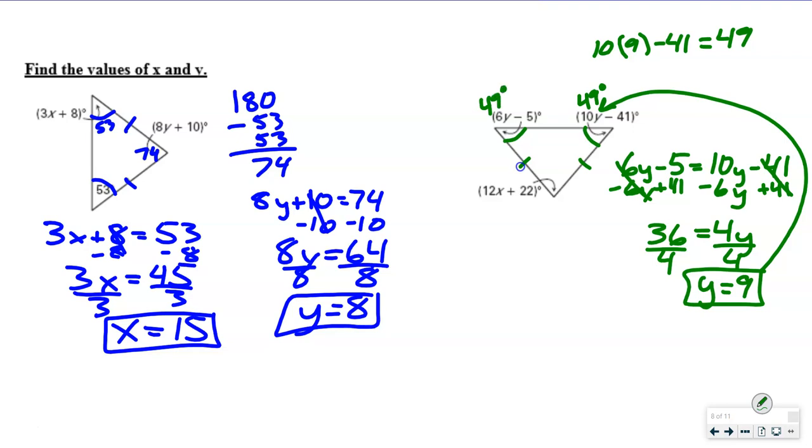Now that I know two of my angles, I can find my third because I know all three angles in a triangle add up to 180. So I can just subtract those. 180 minus 49, or minus 98. And we get 82.